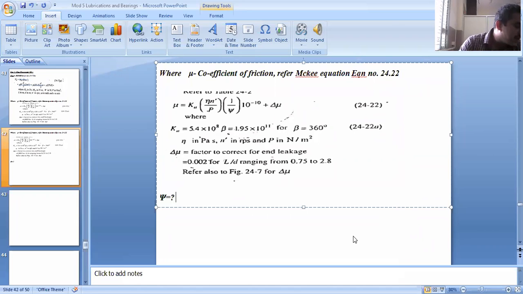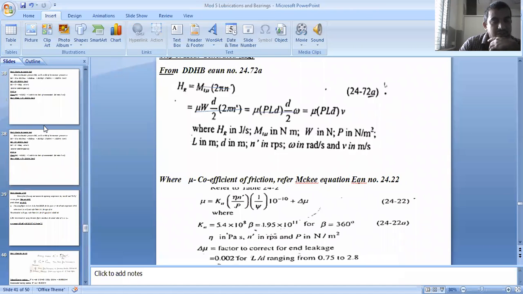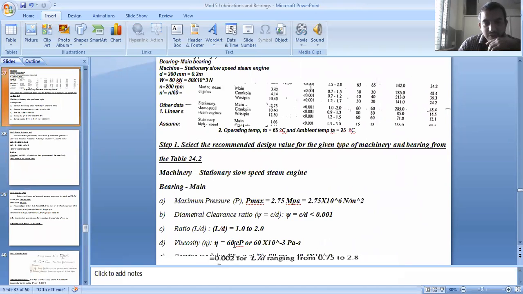See the recommended value in the first step. What is the xi value you got?